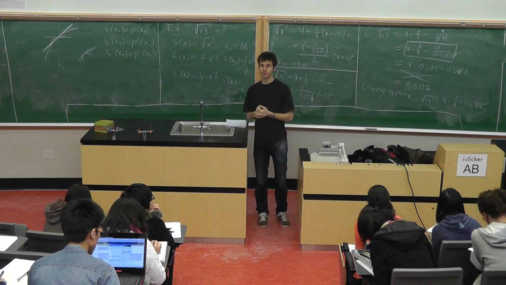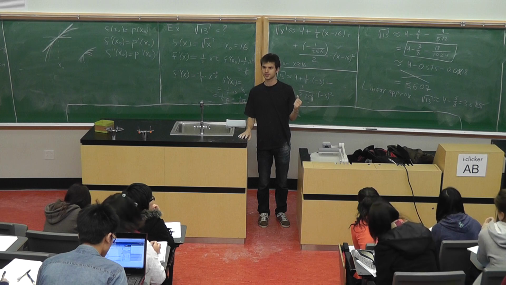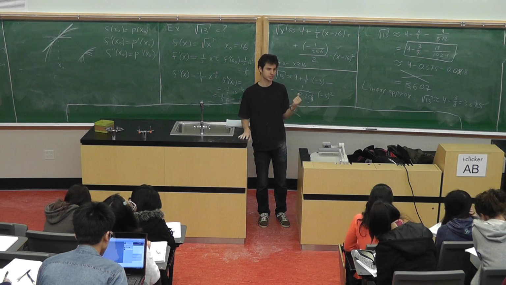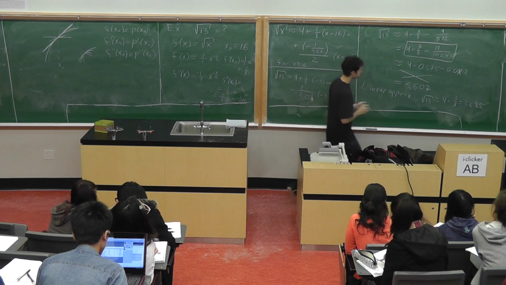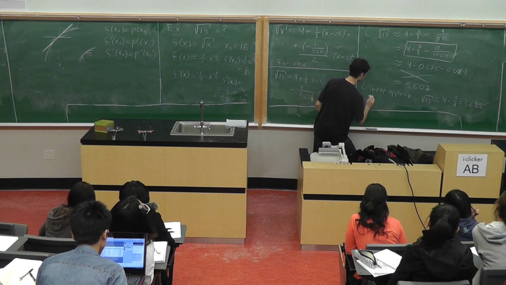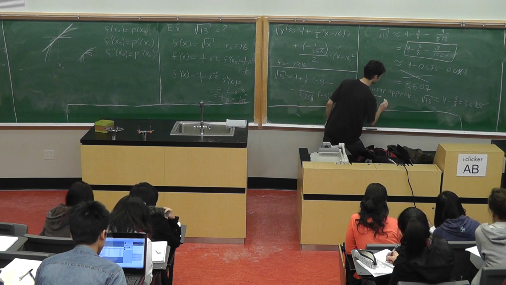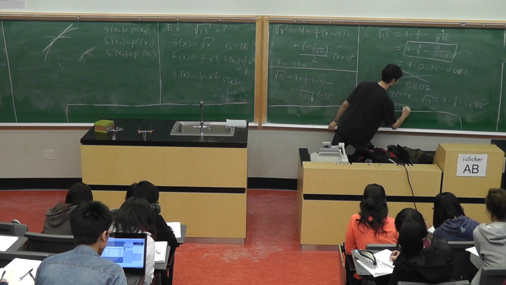And so, does anyone have a calculator to actually verify what it is? What is square root of 13? 3.60555. So square root of 13 is actually 3.6055.